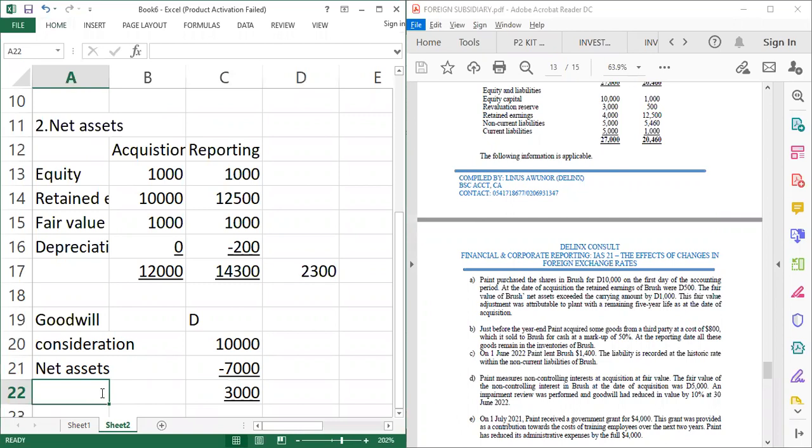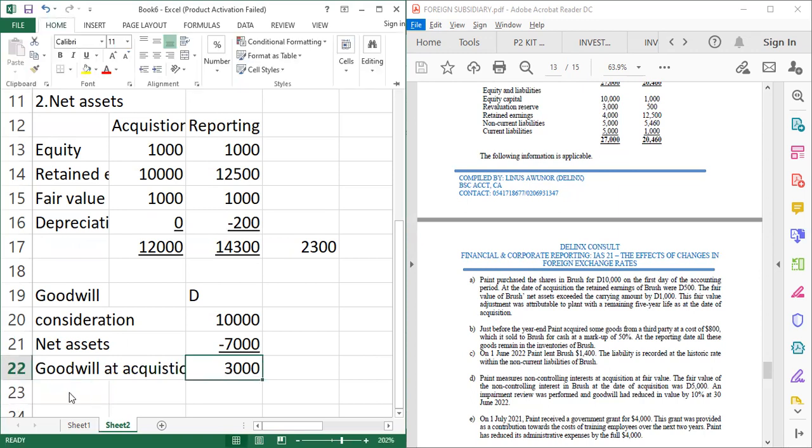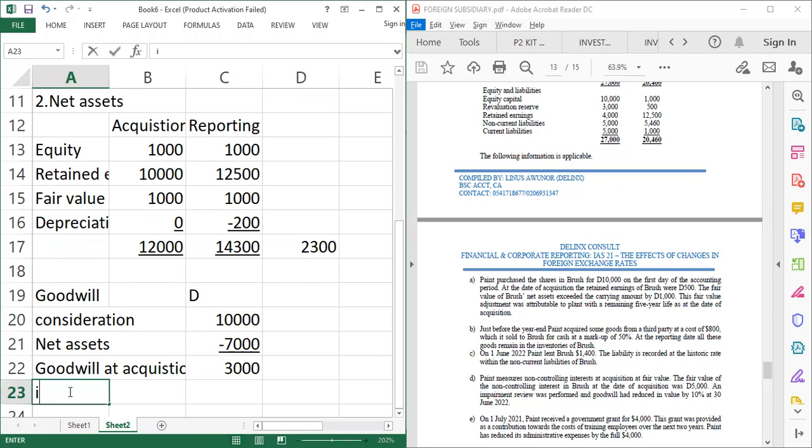But what did they say? They said the goodwill has impaired by what? 10%. So we now impair the goodwill. 10% on 3,000 gives us how much? 300.